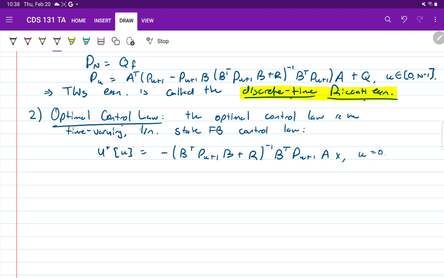Where k equals 0 all the way until time N minus 1. Okay? So this is what the optimal control law as a function of x will always look like.